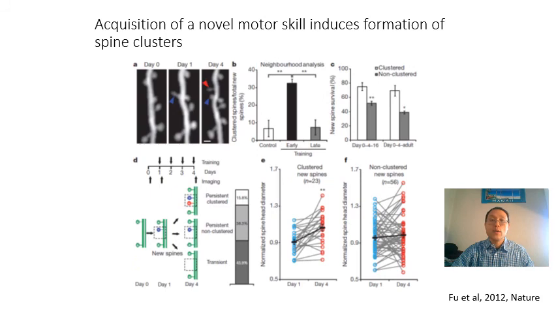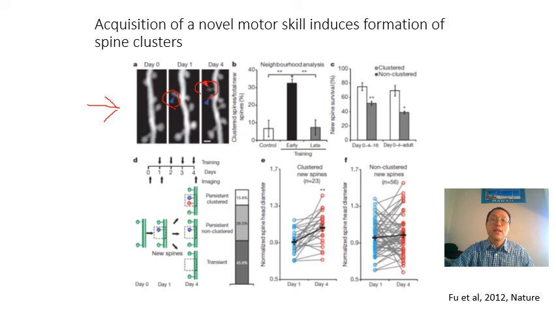Now, the next thing they wanted to do is make sure where these new spines are appearing. Okay, so what they did is, when you look at here, you'll see that in day zero you don't have that many spines, but then there is one that grew out here in day one, and then there's another new one that grew out here in day four.